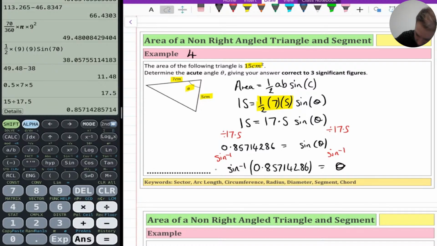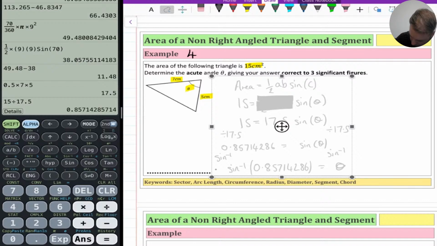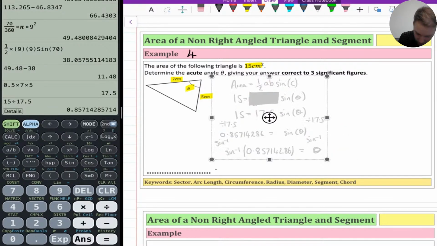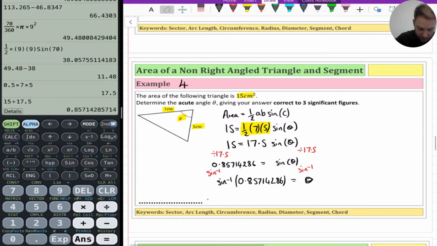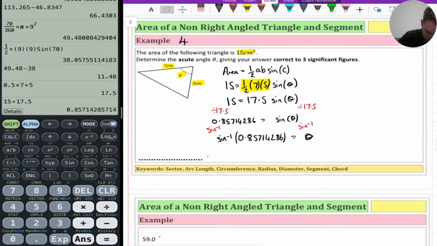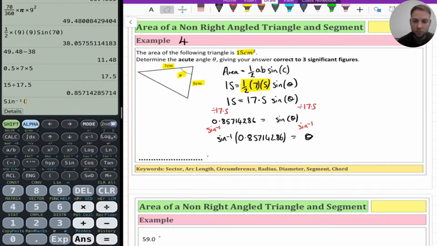So with this one here, on my calculator, the sine to the minus 1 is slightly above the sine button. So I've got to press shift, sine to the minus 1, which is above it, and I want sine to the minus 1 of my previous answer, so I'm going to put answer in there.